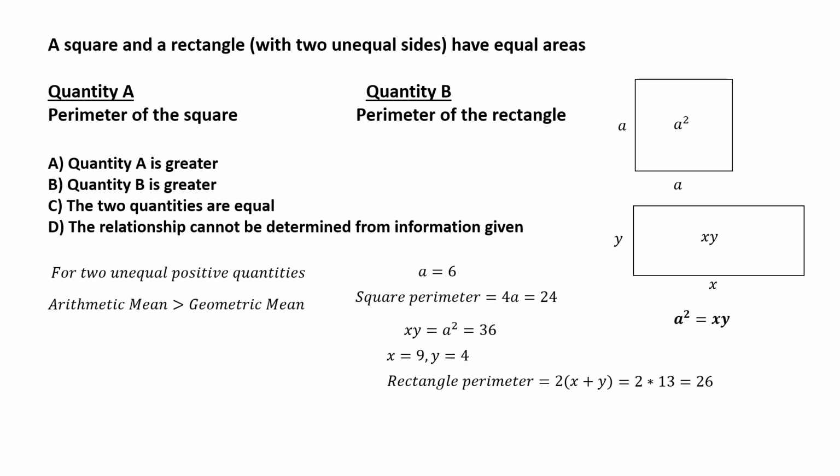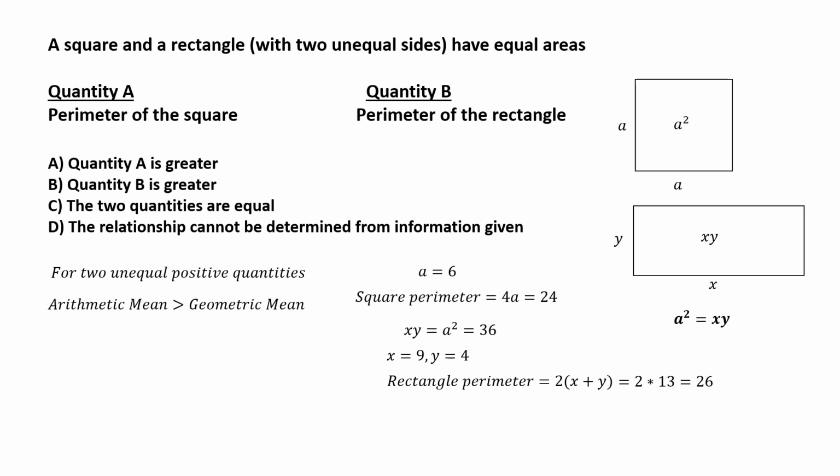Now, if we remove the constraint that they have to be unequal, then this greater than sign is basically replaced by greater than or equal to. But if I specify that there are two unequal quantities, then I can write a strictly greater than sign. So the arithmetic mean is greater than the geometric mean for two unequal positive quantities.